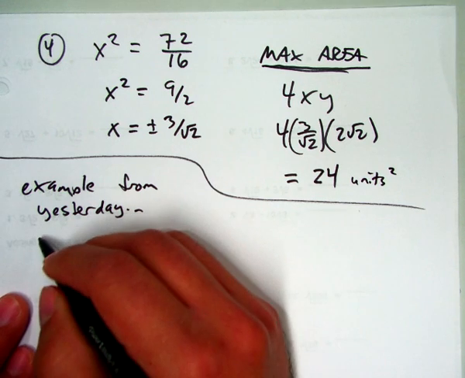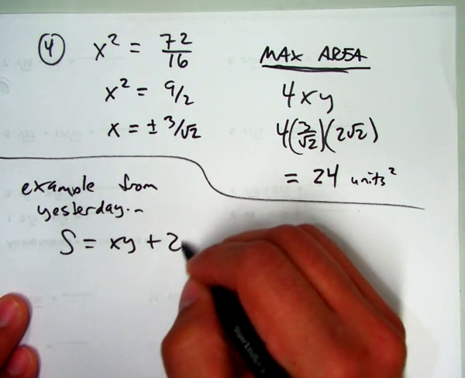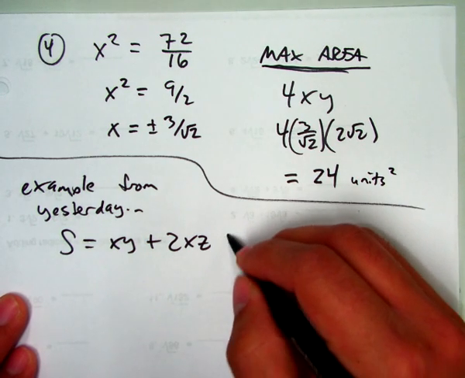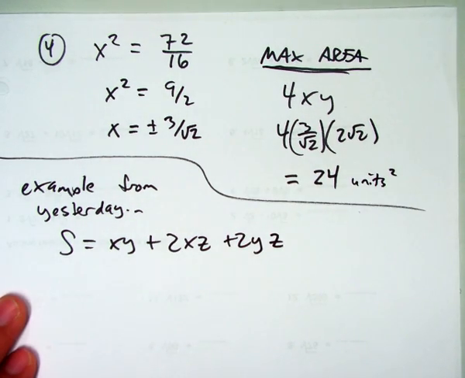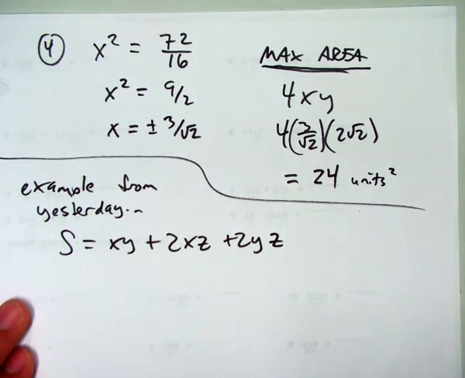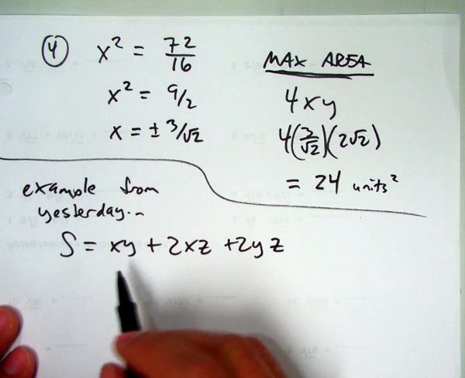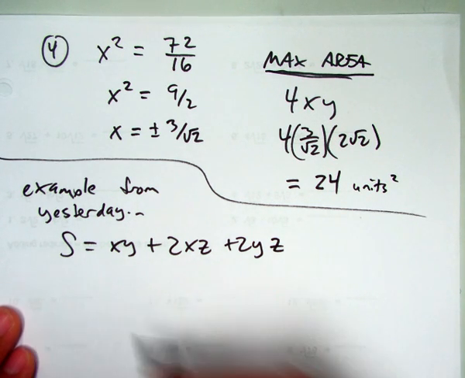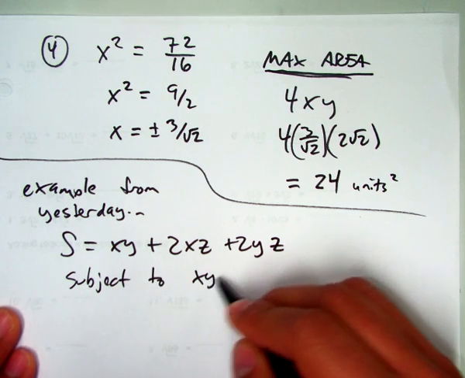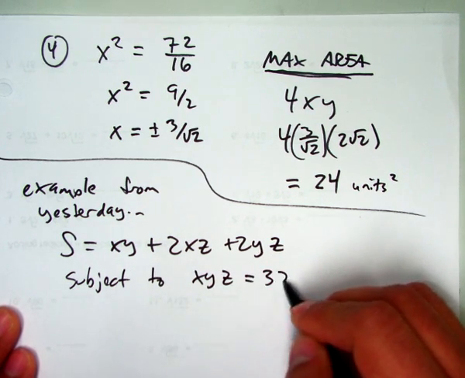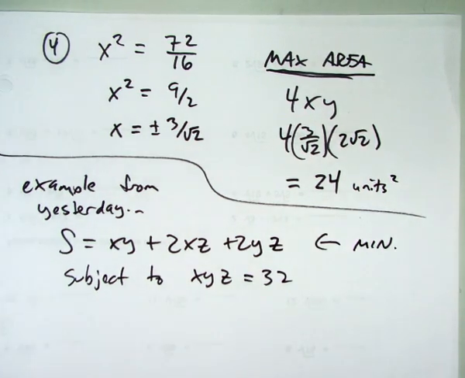We had s equal xy plus 2xz plus 2yz, and it was subject to the product xyz equal to 32, and we're looking to minimize this function here.